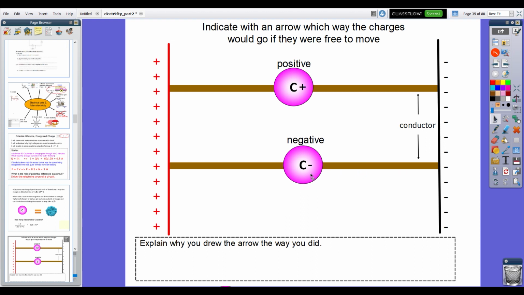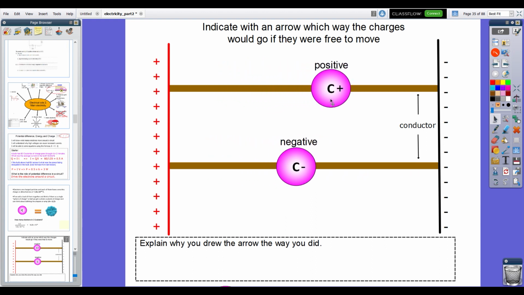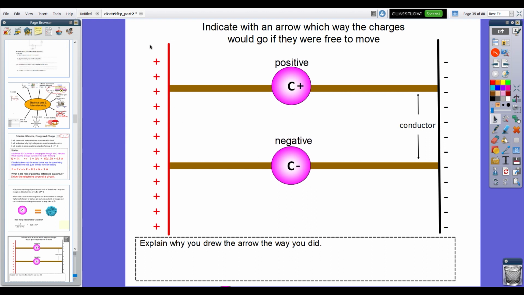They can either go this way or that way. The positive can either go this way or that. If I left them and they could move either way, they had a big positive plate over this side, they have a big negative plate over this side, which way would they tend to go? Give yourself some thinking time here, and then I'll just explain what they would do.